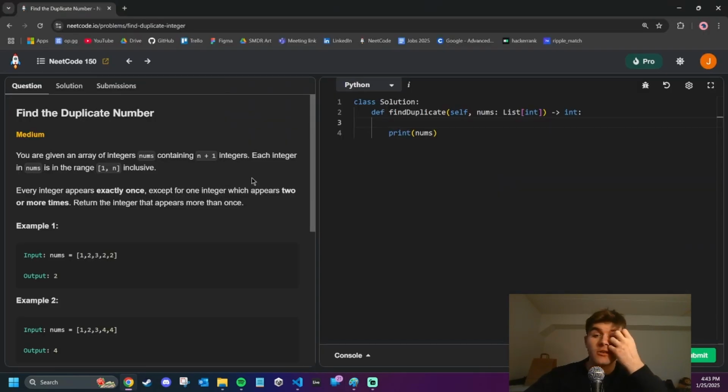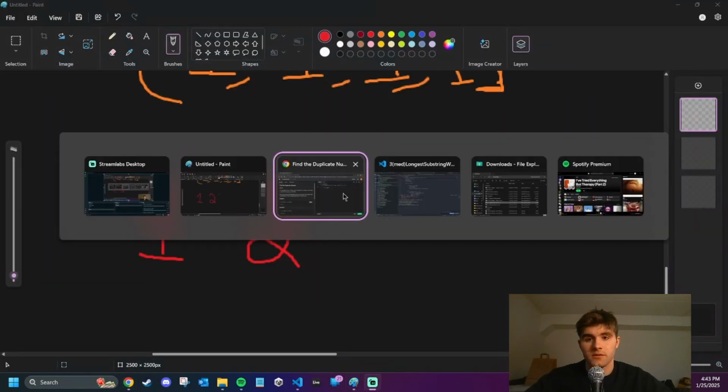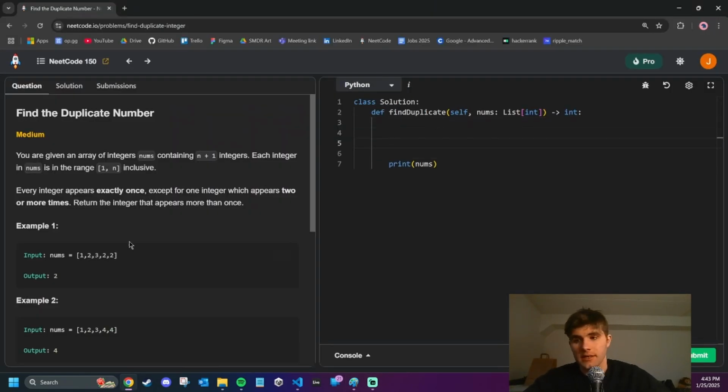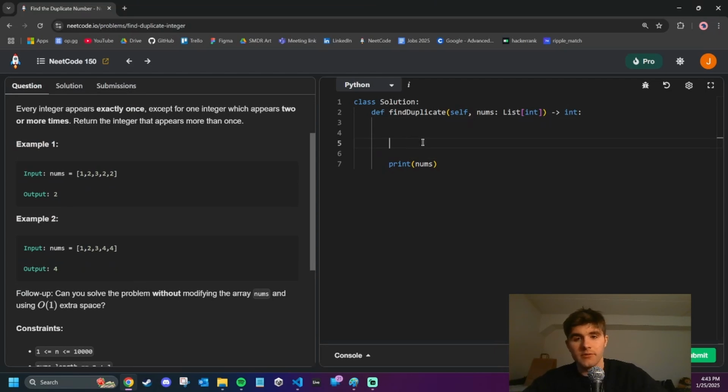So maybe I could take it one step at a time and just solve it with O(n) space first. If you solve it with O(n) space and don't modify the original list, you would have a visited set, which is O(n) space.